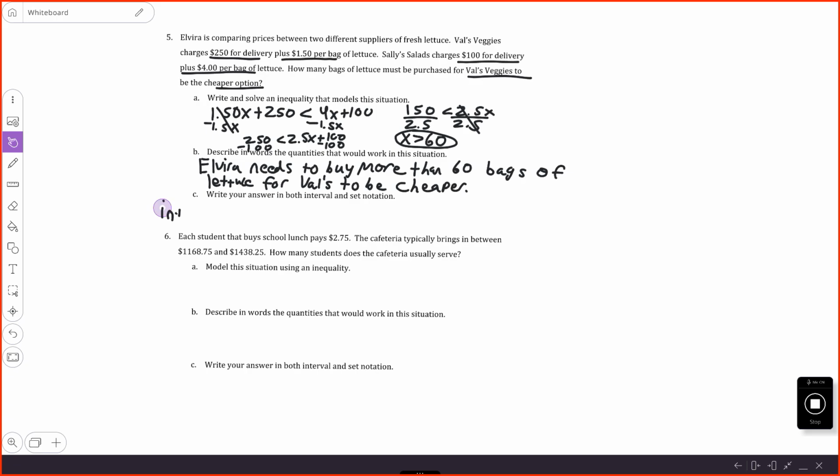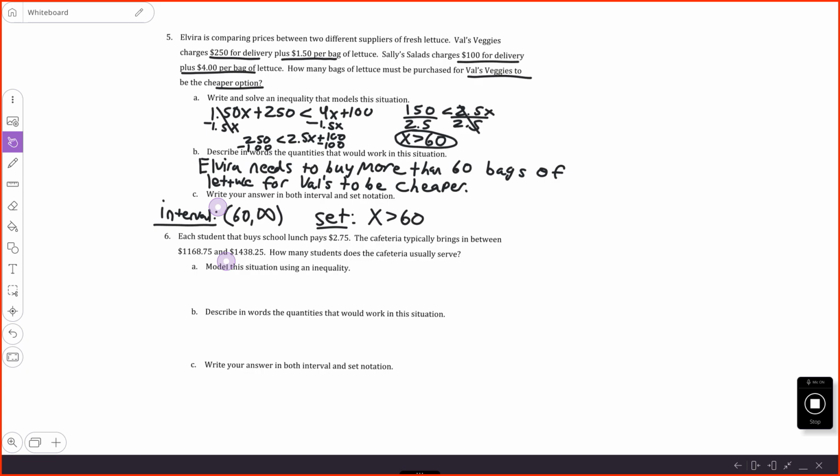So interval notation versus set notation. More than 60, so parenthesis on the 60, parenthesis around the infinity. Set, since we're going to infinity, all you need to do is say x is greater than 60. So that is our interval notation, and we've been doing that.